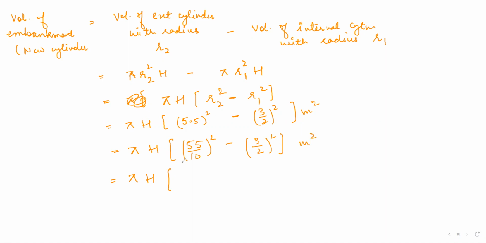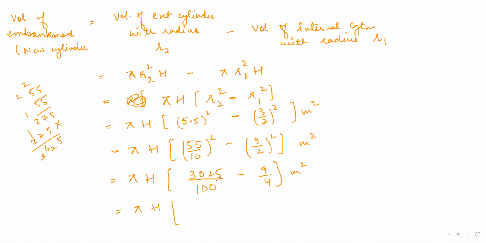So can you just multiply 55 into 55? I'm getting 3025. Please check the calculation. Is this correct? Now the LCM, I think it will be 100.